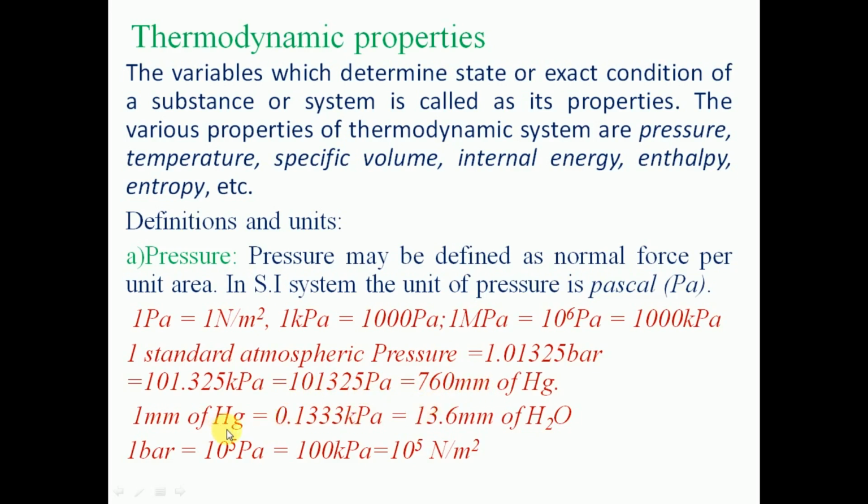Then 1 mm of Hg is equal to 0.1333 kilopascal or 13.6 mm of H2O. 1 bar pressure is equal to 10 raised to 5 Pascal, that is equal to 100 kilopascal, that is equal to 10 raised to 5 Newton per meter square.